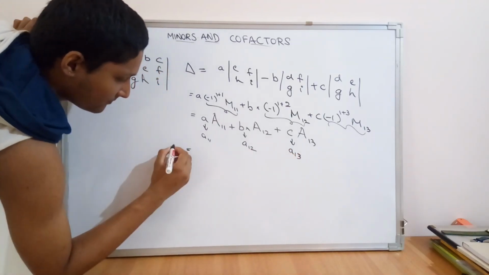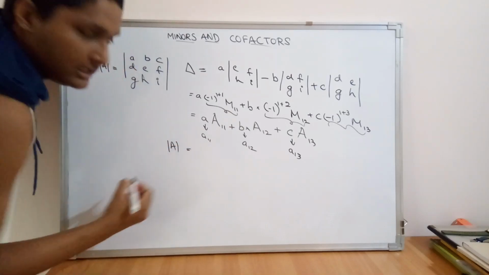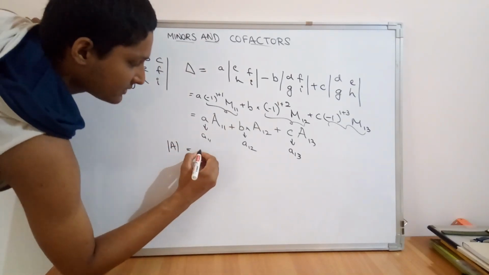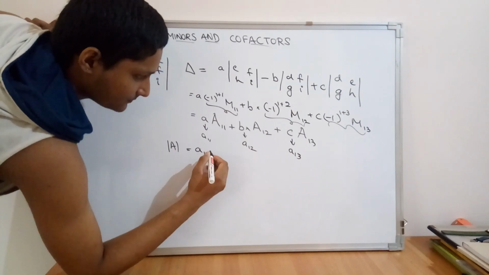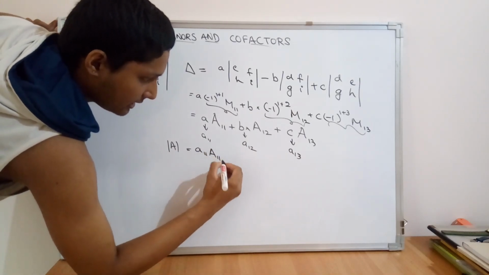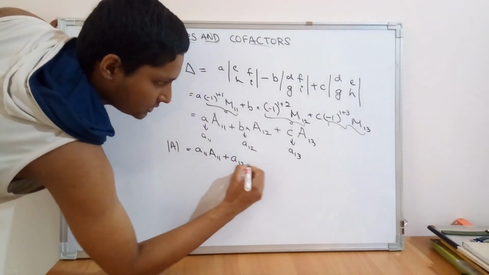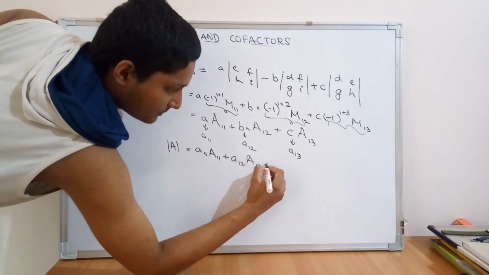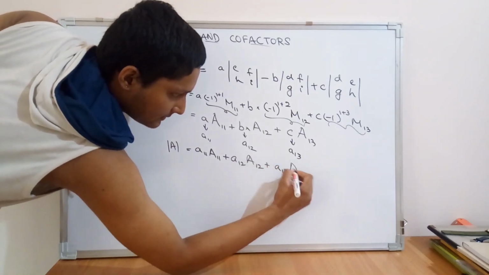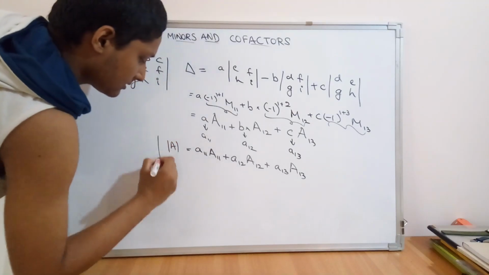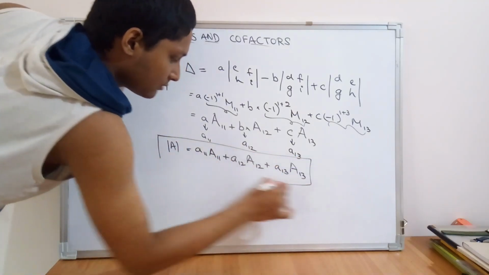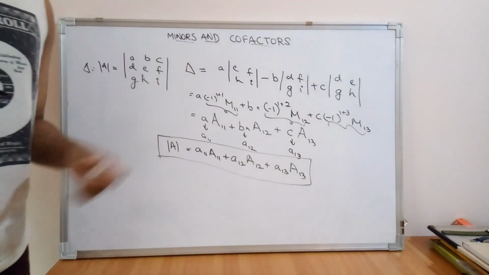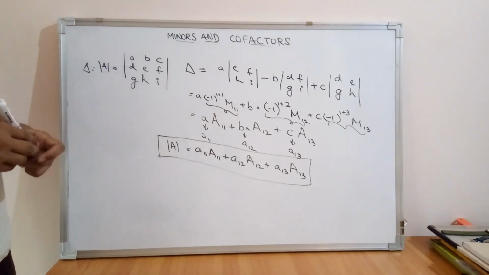Therefore, the general form, that is the determinant of any matrix, is going to be a11 capital A11 plus a12 capital A12 plus a13 capital A13. Okay, this is all what we learned and what was the required thing about cofactors.